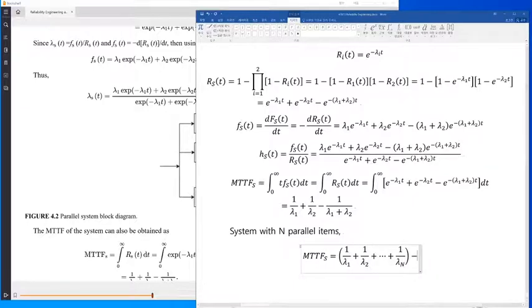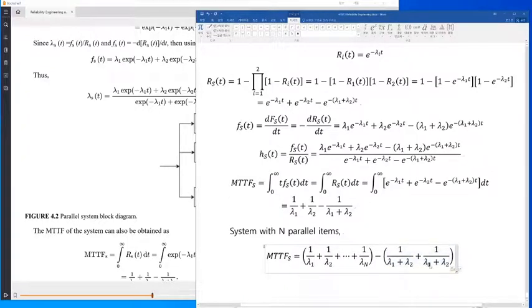In case there are 3 components, the first one will be 1 over lambda 1, 1 over lambda 2, and 1 over lambda 3. And the second one is minus 1 over lambda 1 plus lambda 2, lambda 2 plus lambda 3, lambda 1 plus lambda 3, lambda 1 plus lambda 4, and so on until it becomes 1 over lambda n.